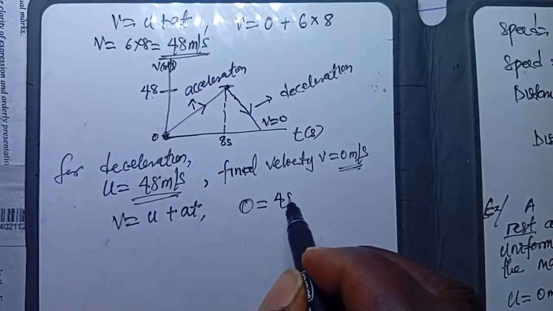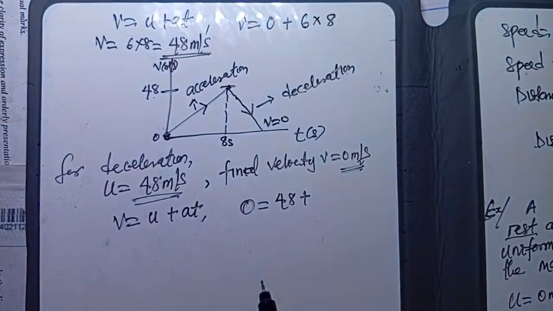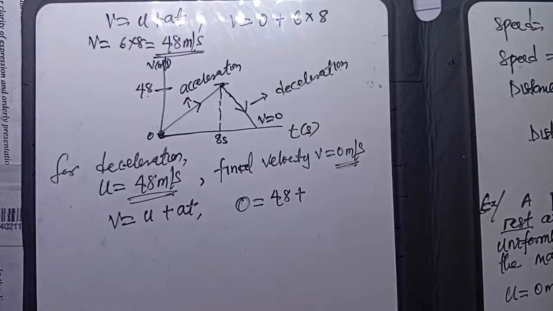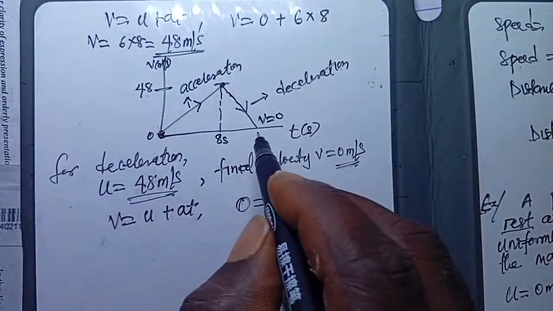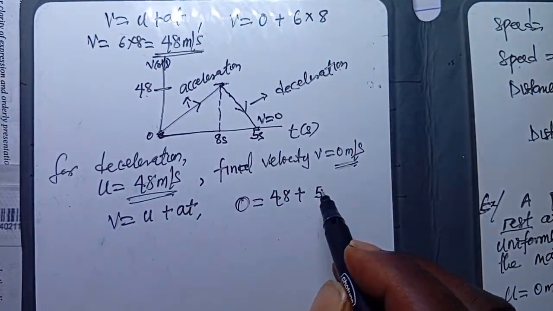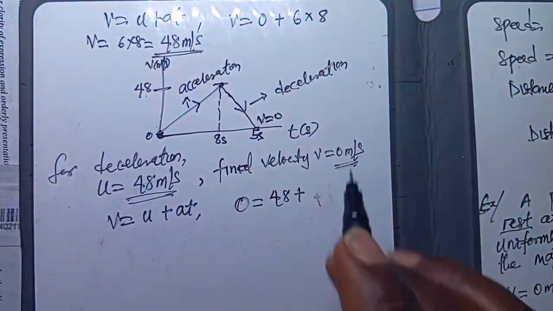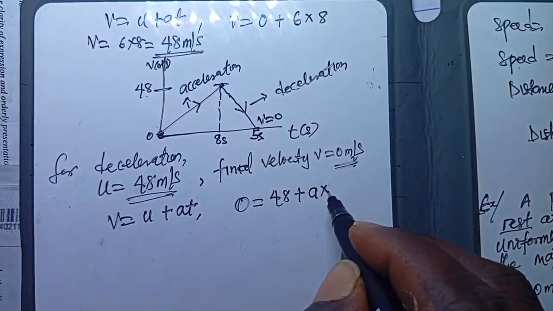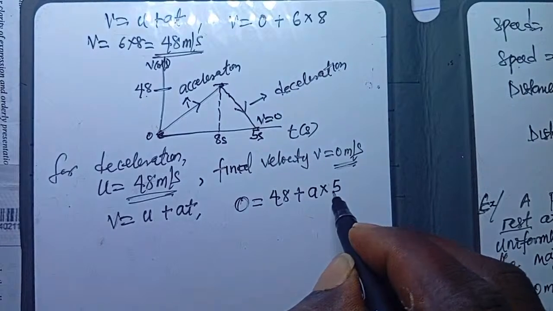Our U is 48 plus our a, when it is for the next 5 seconds, yes. So we need deceleration multiplied by time, 5 seconds.